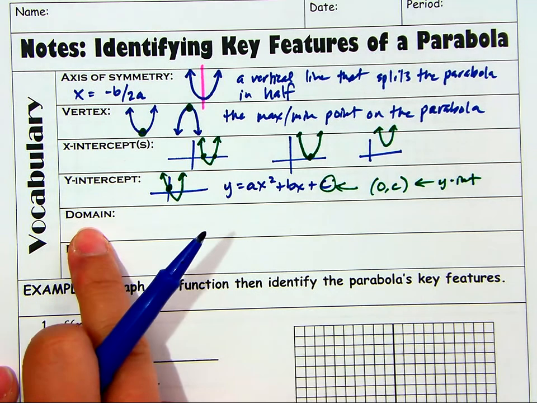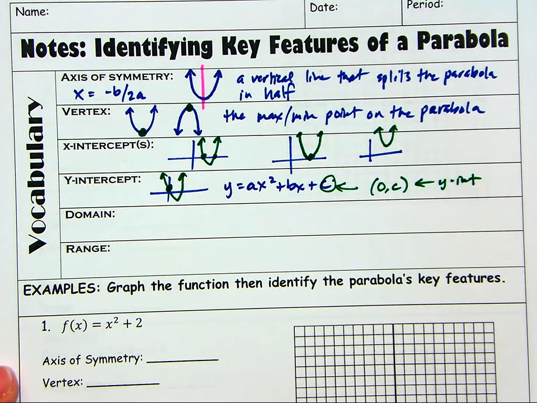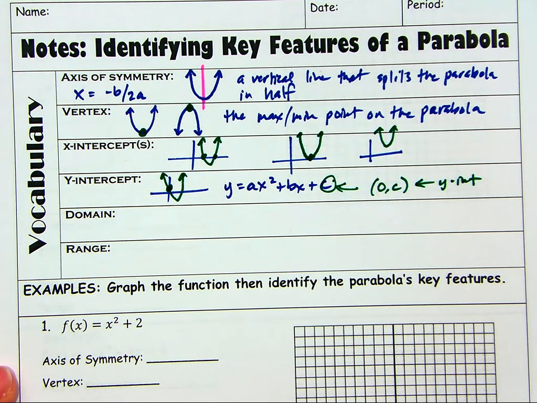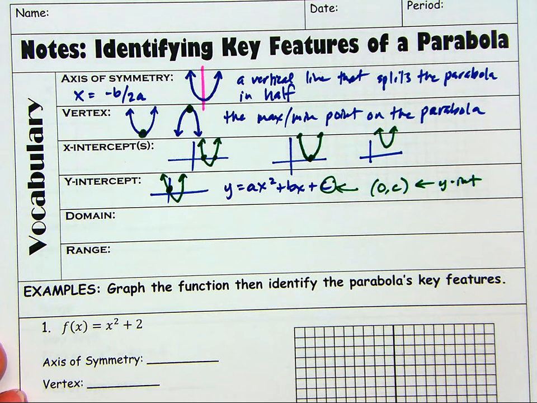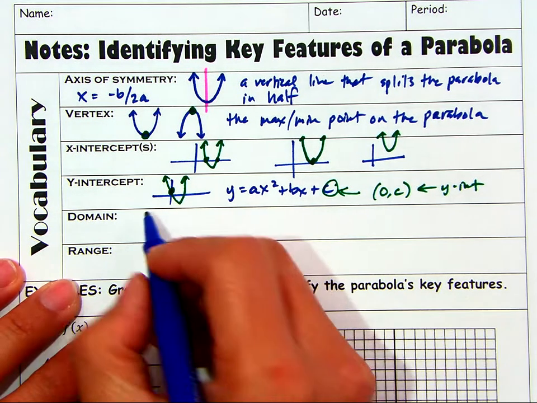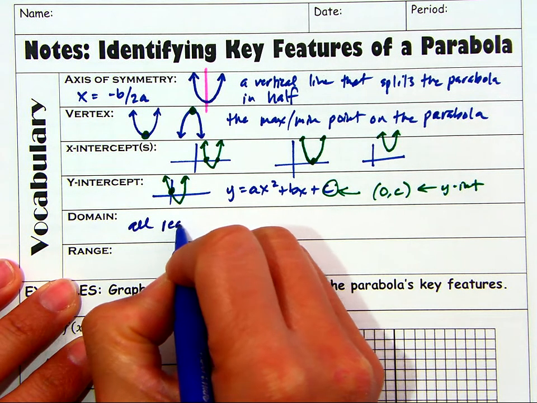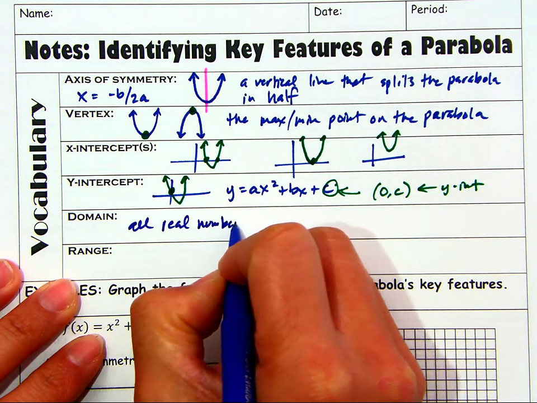The domain is the list of all values that could be used as inputs to the function. And so since a quadratic function is a polynomial, the domain is every real number. Okay. So all real numbers can be used as inputs.